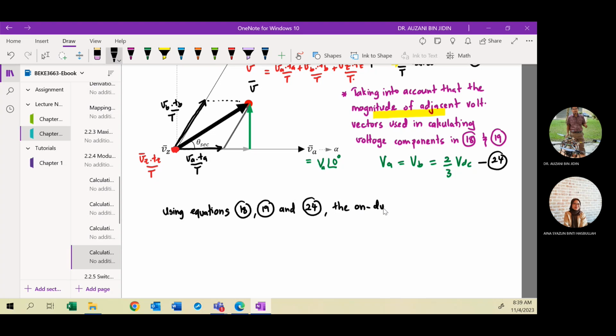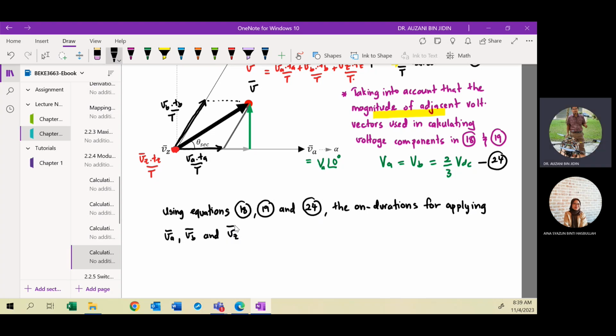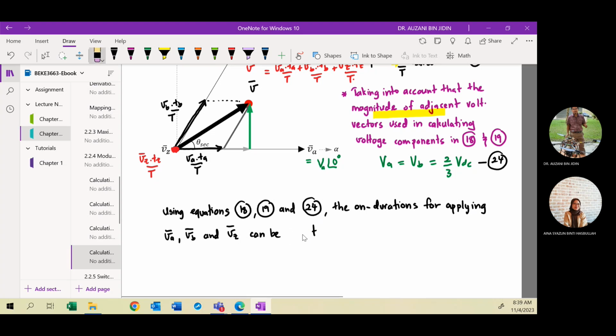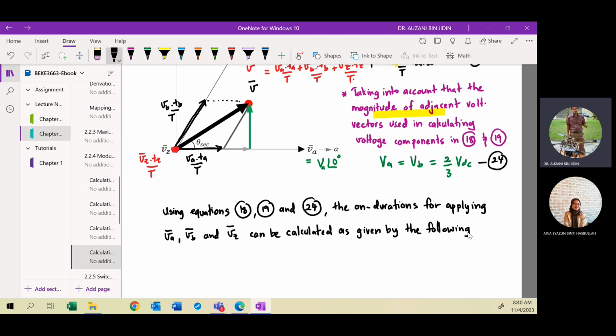The on durations for applying or switching VA, VB vector, and zero vector can be calculated using the following equations.